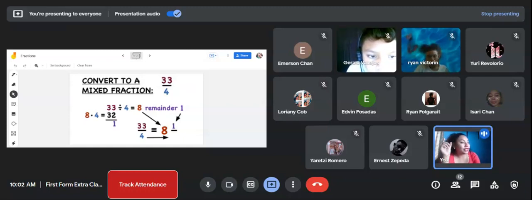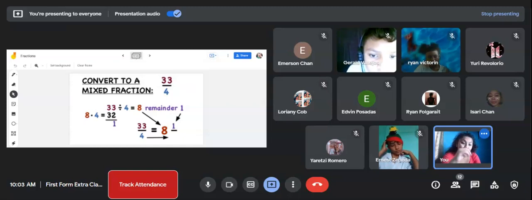And usually, guys, when you are solving a problem and your answer is an improper fraction, you never want to leave your answer as an improper fraction. Always change it to a mix if you cannot reduce it. I'm telling you this because if you don't do it, you're going to lose points. When the instruction says write in its simplest form, you're not going to be leaving it as an improper. You have to change it to a mixed number.